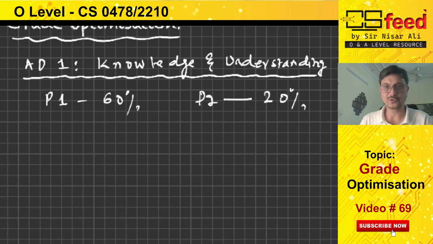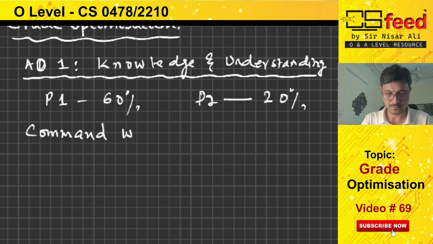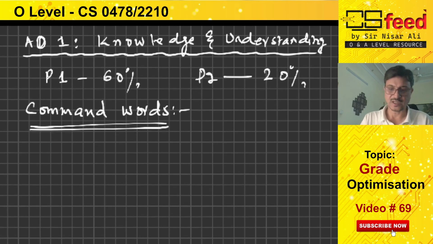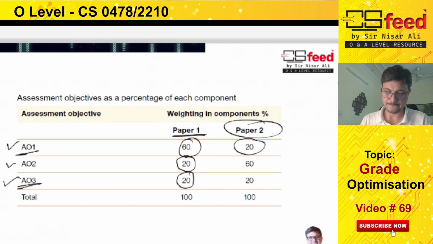Now, before we move on to assessment objective 2, I will explain what types of questions and the command words. These words are also given in your syllabus. The command words related to P1, AO1, I will come to these things one after the other.